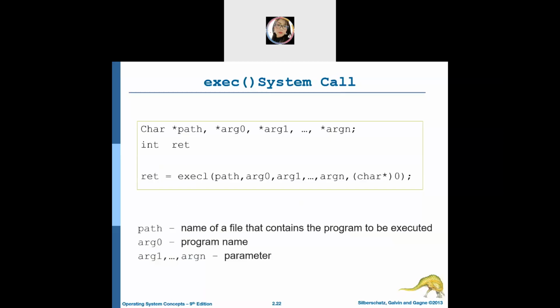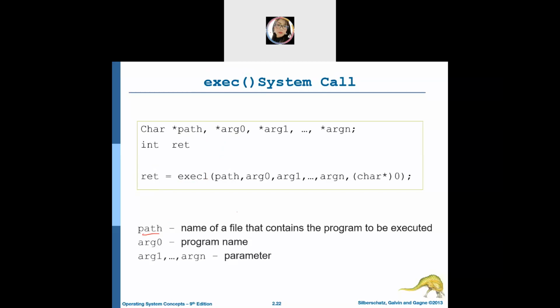So there are also several system calls under your exec. If, let's say, you can see here, you have several char values for path, arg, and so on, and an integer return. So this one, you want to return, and you're going to execute it following all the values that you have. So what is path that is available in our example here?